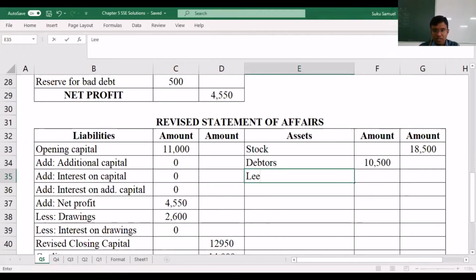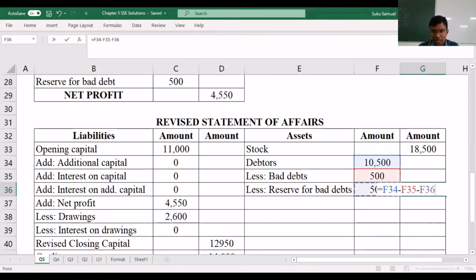What are the adjustments? The adjustments are bad debts. How much is bad debts? Bad debts is 500. Then you have reserve for bad debts, which is 500. So together, 10,500 minus 500 minus this 500, effective value of your debtors is 9,500.